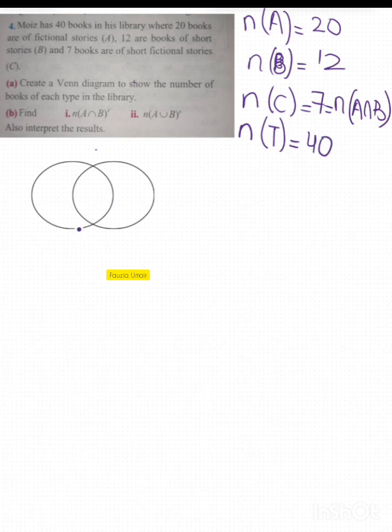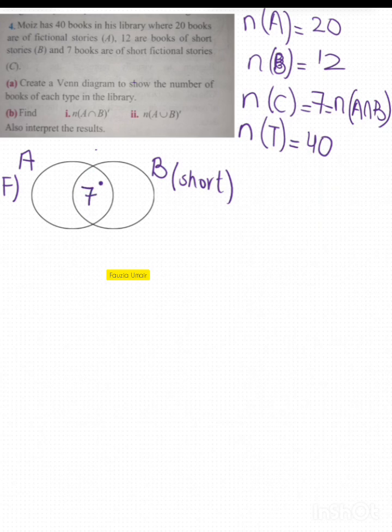So now you can say that, let's say this is set A, fictional stories, this is set B, which is short stories. So these are short stories, and this A is basically fictional. So we know that the C are 7.